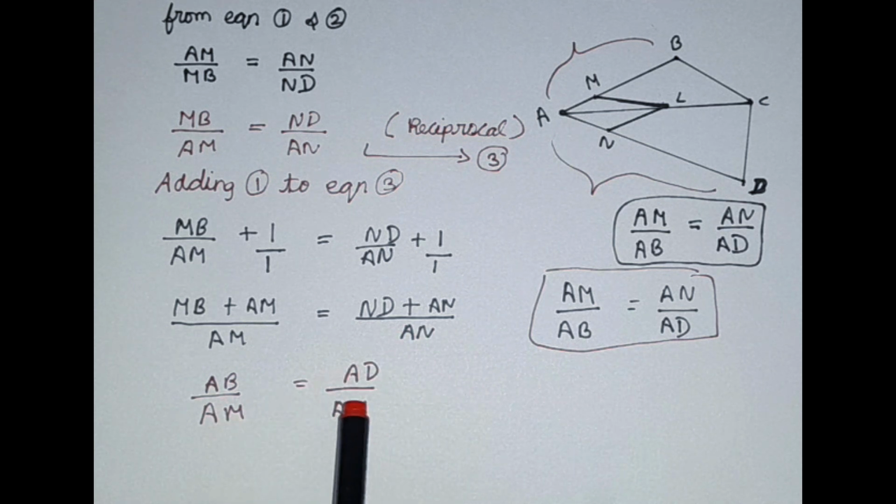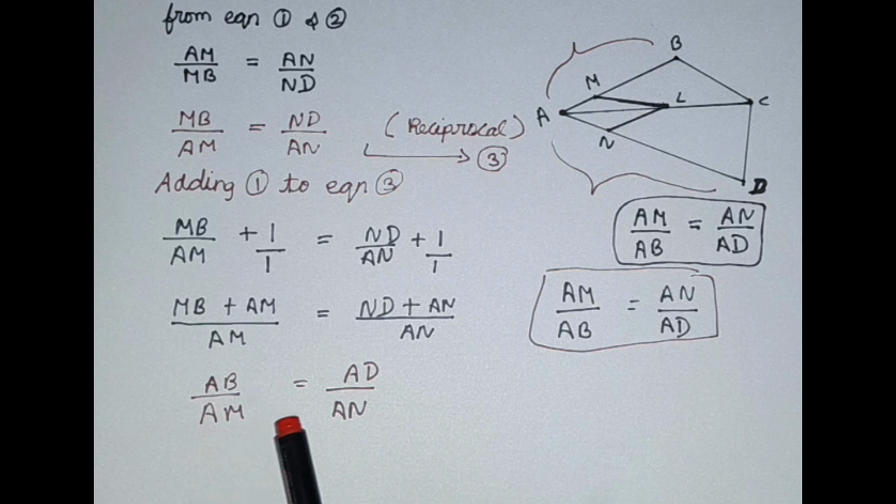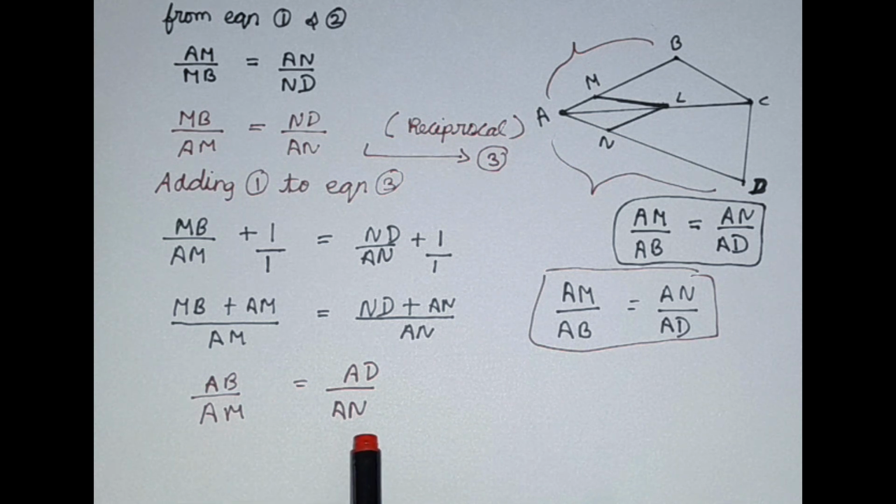Then I got another value, hoping that I'd get the same value as in the question, what we are supposed to prove. Though I got the value, it was upside down. So don't worry guys, if you get something upside down, just take the reciprocal.